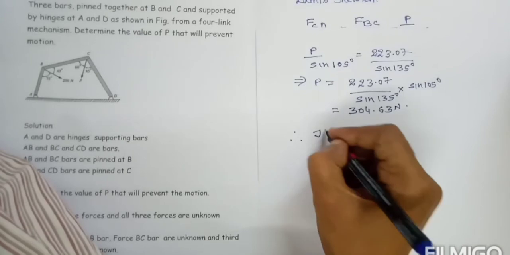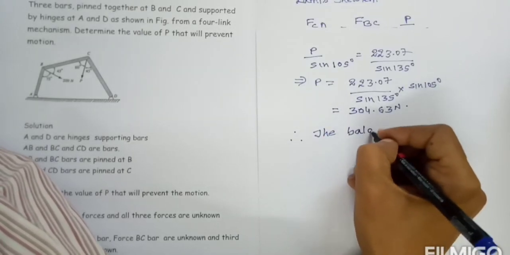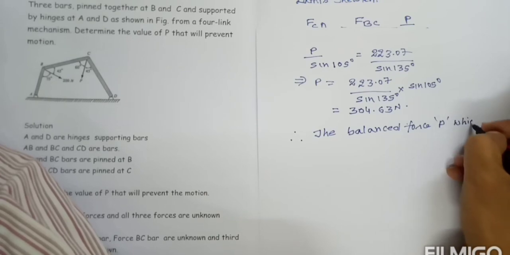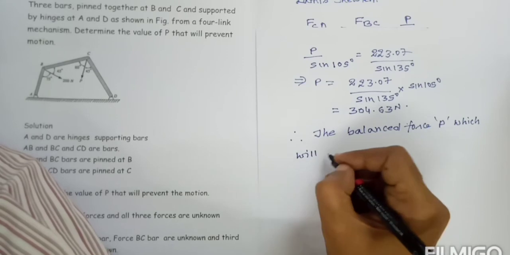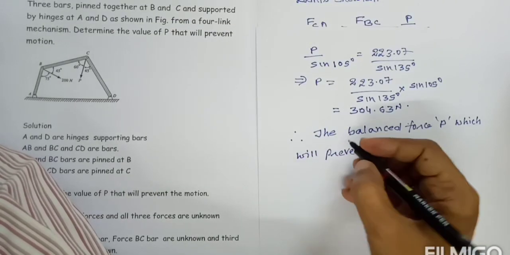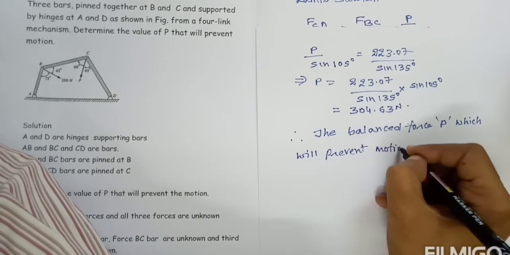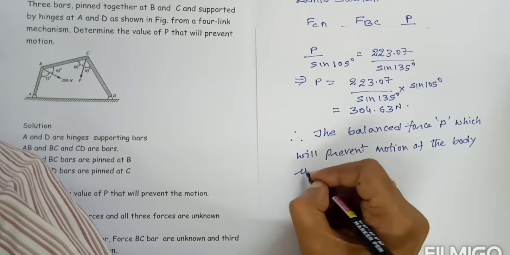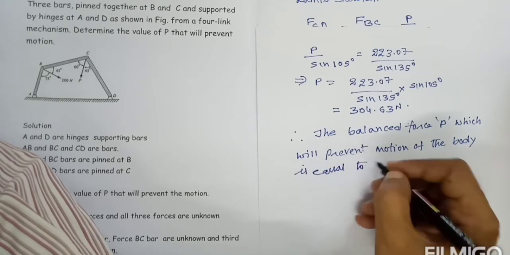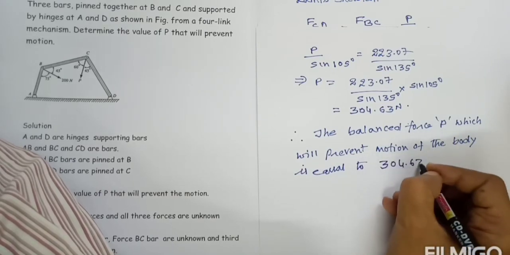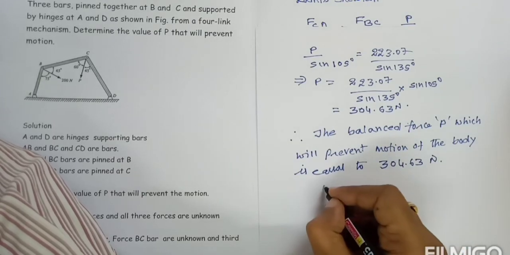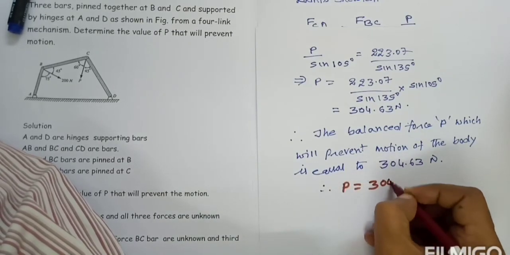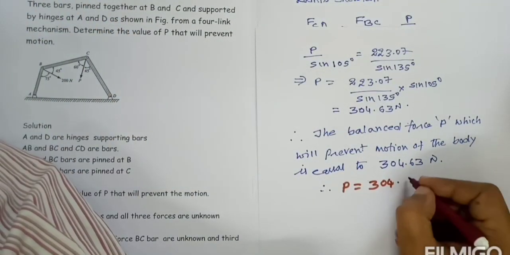Therefore, the balanced force P, which will prevent motion of the body, is equal to 304.63 newtons.